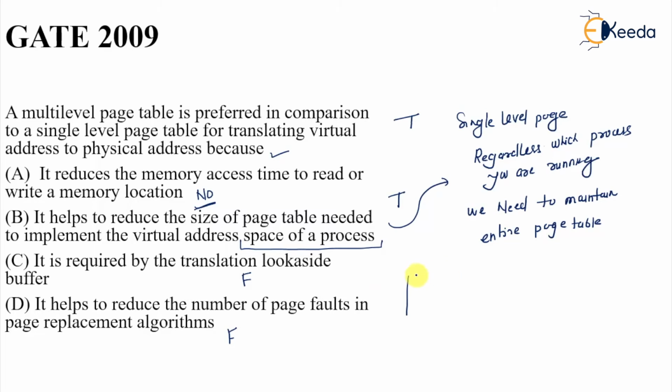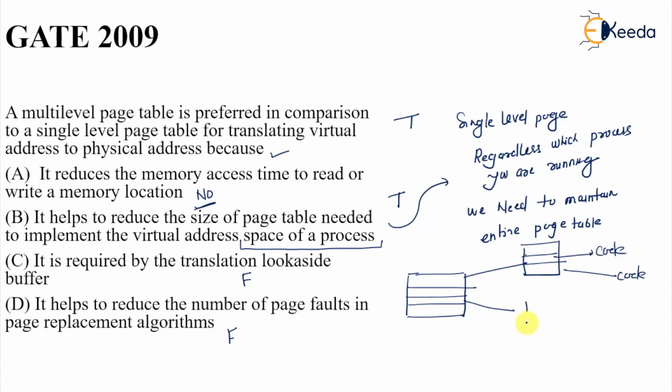There is one page table, and suppose we are using 4 pages, so it may be possible that one entry is pointing to another page, which gives the entry to the actual code page, and here is another entry for the code page. Let's say this one is pointing to the stack page.